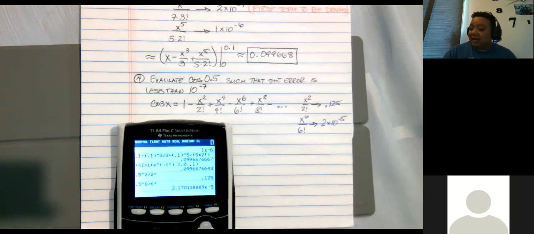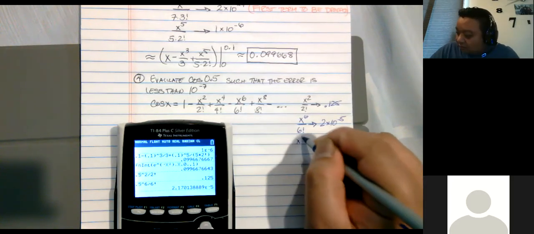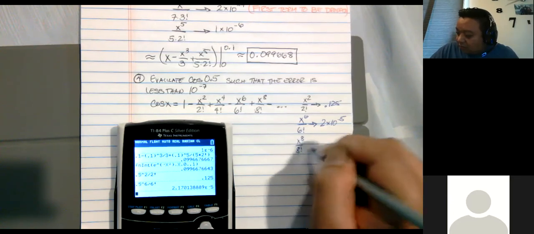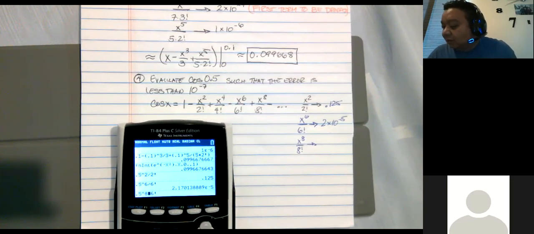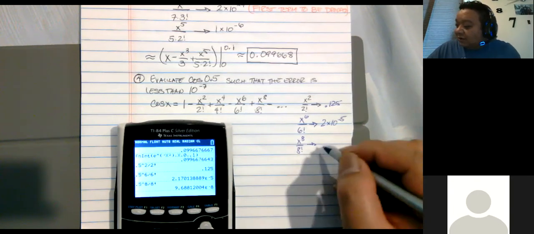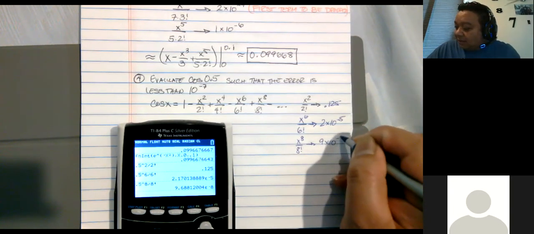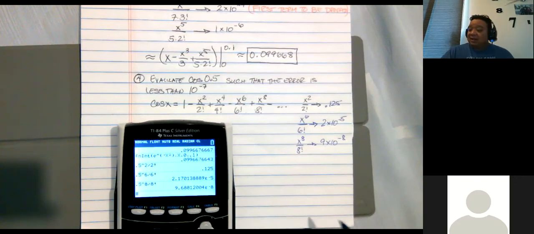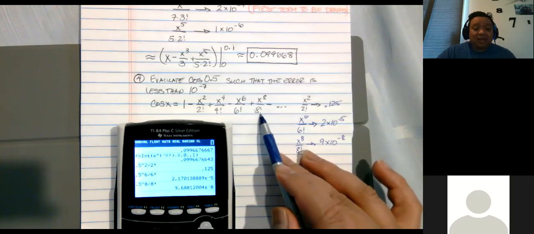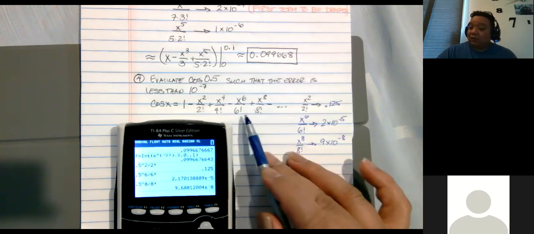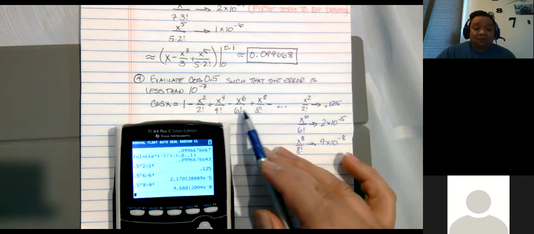Okay, so let's try the 8th power. Let me just press second enter, and by pressing second enter, it retypes everything. And so 8. It's now 9 times 10 to the minus 8, which is definitely less. So this is the first one you drop. You're dropping x to the 8th over 8 factorial, and you're keeping the first 4.